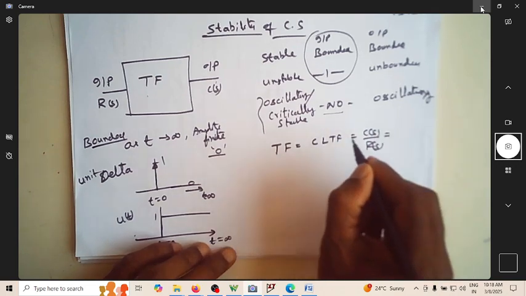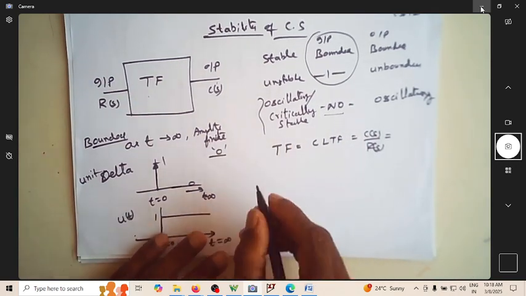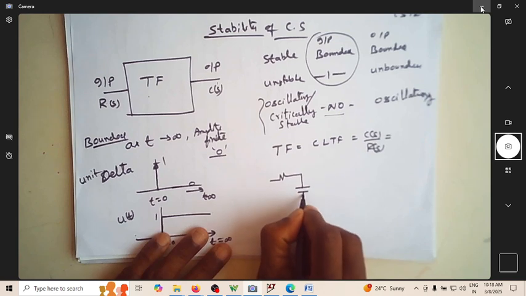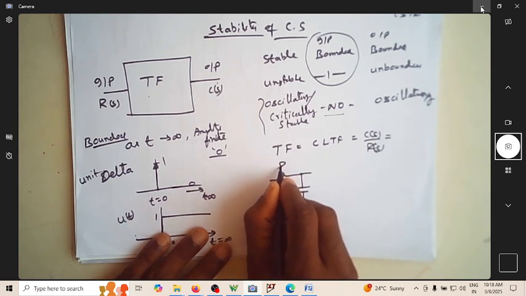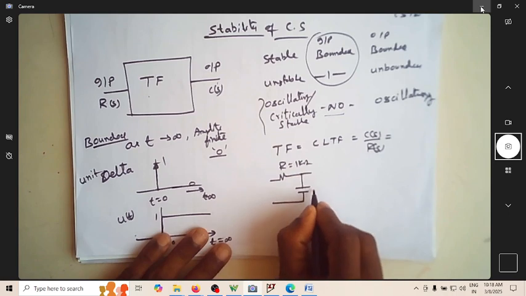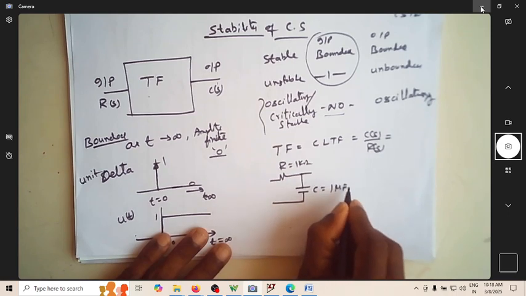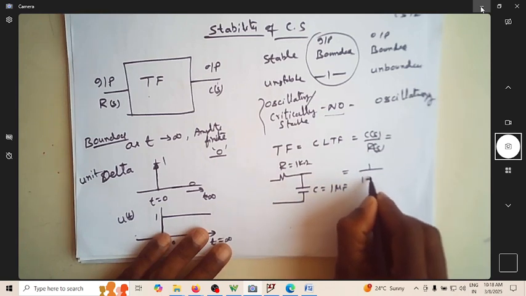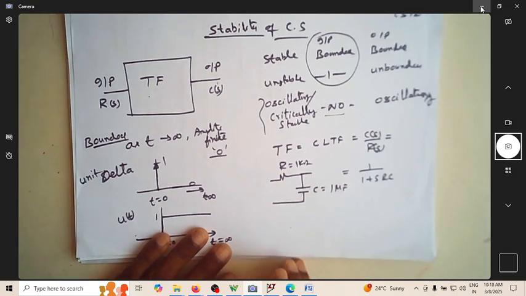Let me take an example of something like this, which we saw now. Assume that R is equal to 1 kilo ohm and C is equal to 1 microfarad, and we have a transfer function which is 1 over 1 plus sRC.